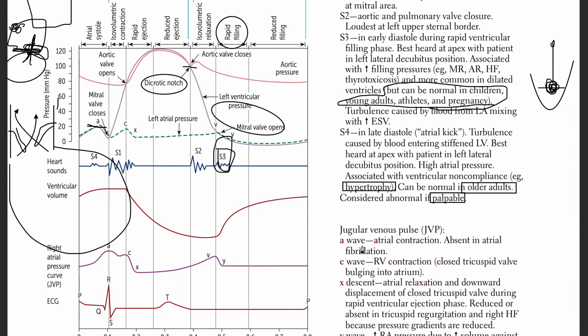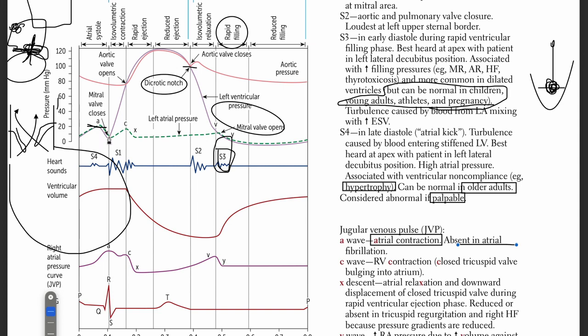So the A wave comes from atrial contraction. So the atria contracts, absent in atrial fibrillation. So when the atria contracts, the mitral valve closes.